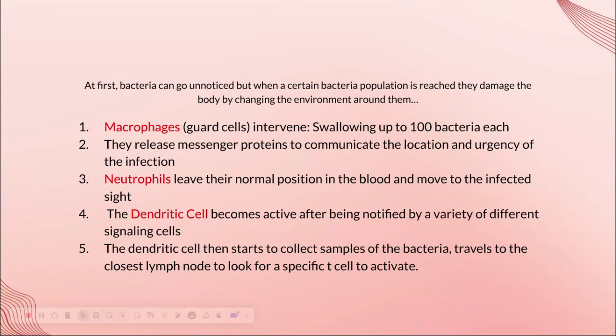This dendritic cell will travel to the closest lymph node where billions of helper B and T cells are located and waiting to be activated. And this dendritic cell will look for a specific helper T cell to bind to the ripped off piece of bacteria on its outer membrane.